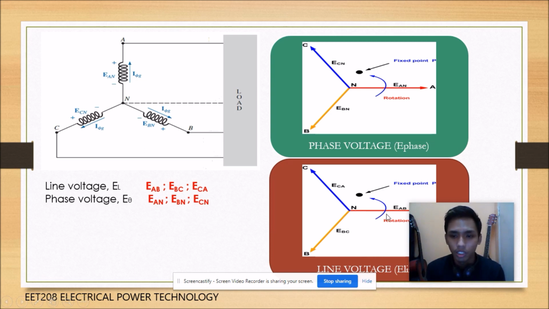For EAB, the phase angle is considered as 0 degrees. Then for EBC it is negative 120 degrees, and ECA is considered as 120 degrees or negative 240 degrees.